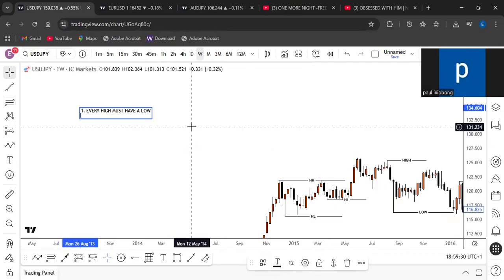Number two, in higher high formations, in an uptrend, the new higher high must exceed the previous higher high, and the new higher low must be higher than the previous higher low.